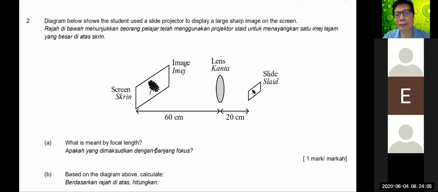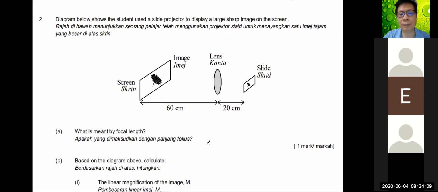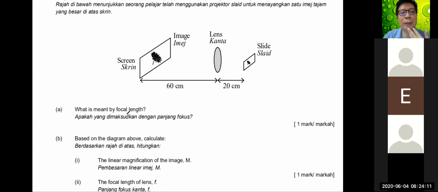We go through the question first. Roughly, I discuss a little bit. Then only we see the answer. What is meant by focal length? What is focal length? Focal length is f. Focal point and focal length are different, you know. Like I explain now, focal point is a point where all the light focus.